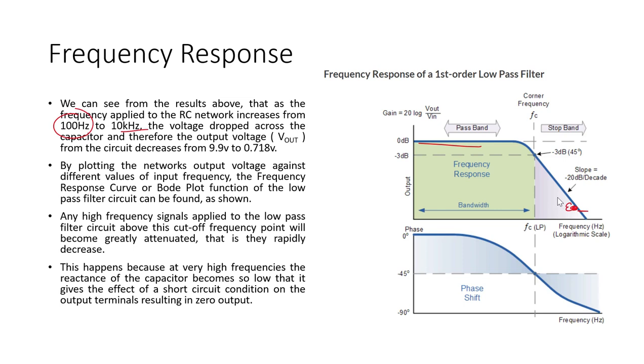So that means that it was a low pass filter. The band that was passed in that example is here. By plotting the network's output voltage against different values of input frequency, the frequency response curve, or Bode plot, can be found, which is shown like this.